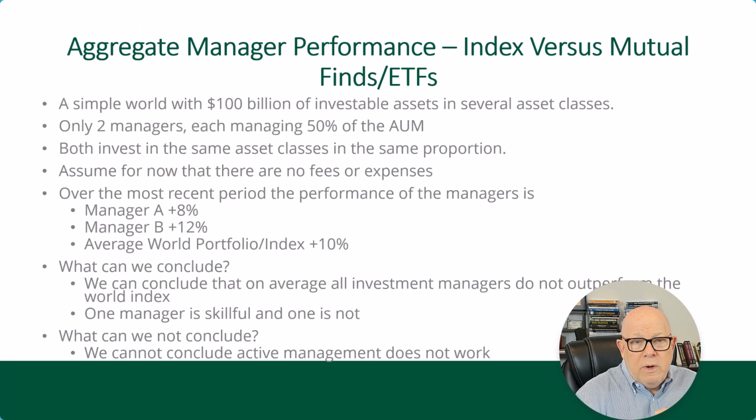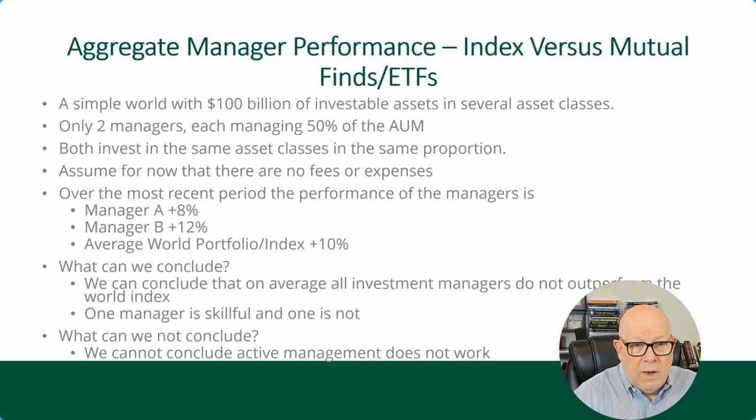So let me show you an example of why we should not expect that, on average, all of the mutual funds are going to outperform the market. It's not possible. Let's say we have a simple world. There's a total of $100 billion of investable assets, stocks, bonds, everything.